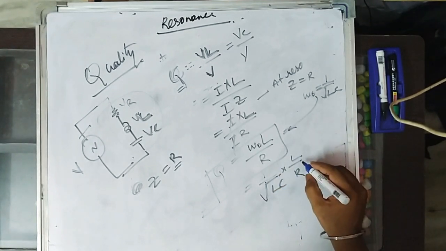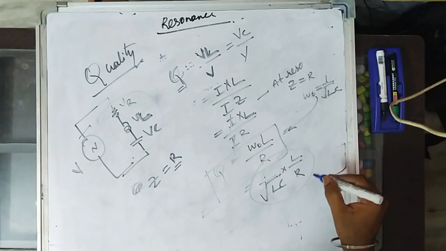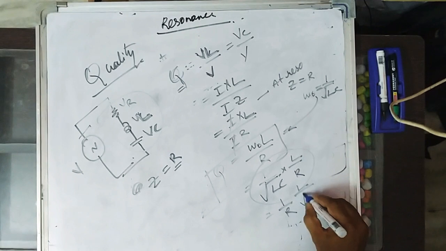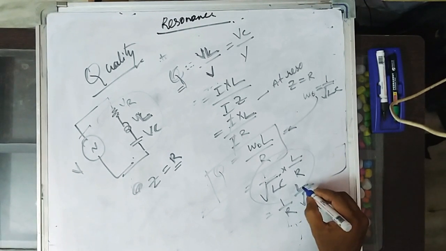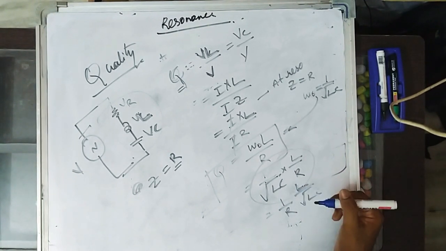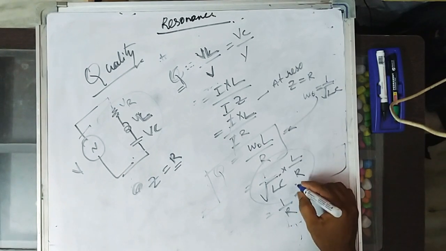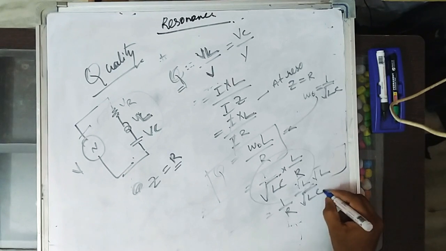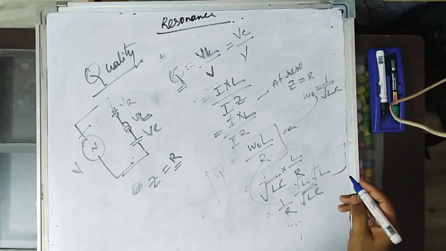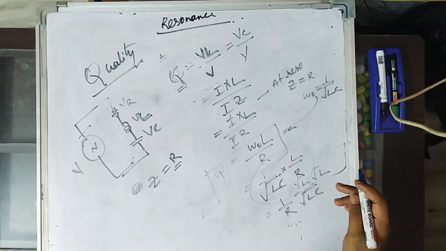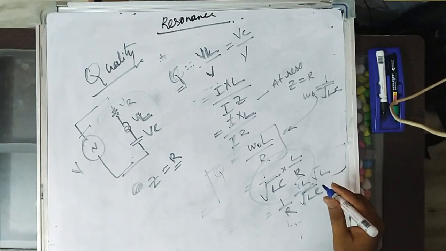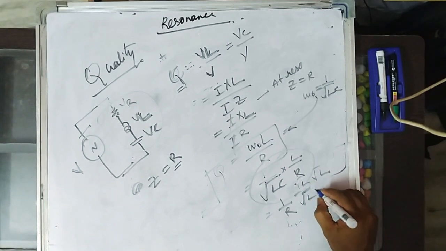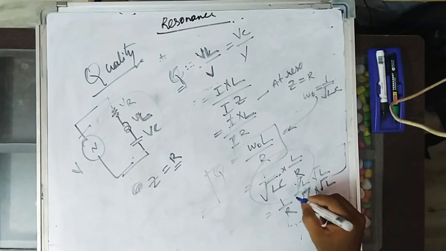Solving this, what do we get? We take R out, L by root of LC. A single L can be represented as a product of root L and root L. Both L cancel.